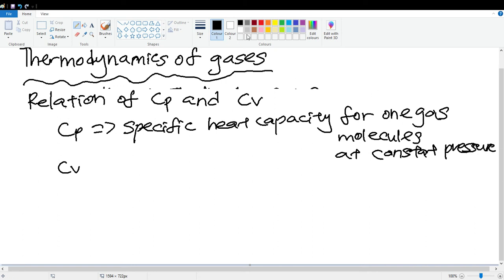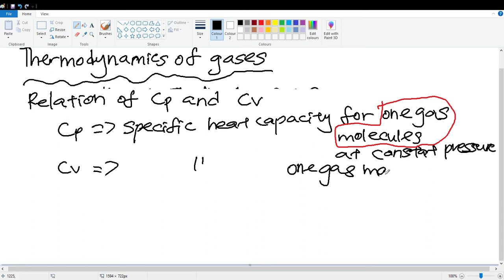So this is actually the specific heat capacity for one gas molecule at constant pressure. As for the Cv, the sentence is actually the same: one gas molecule, of course, but in the condition of constant volume.